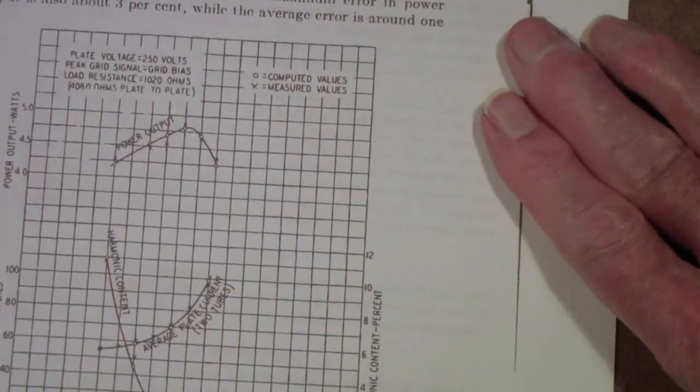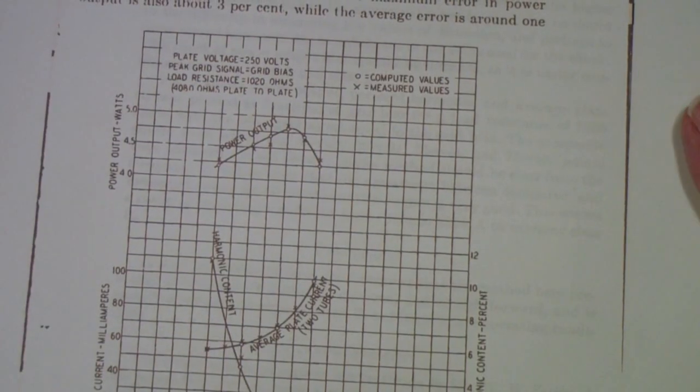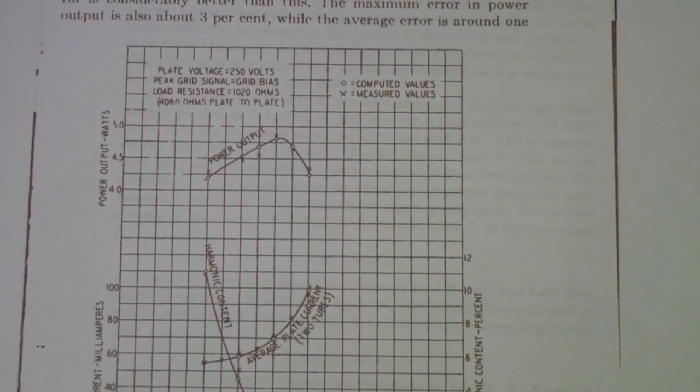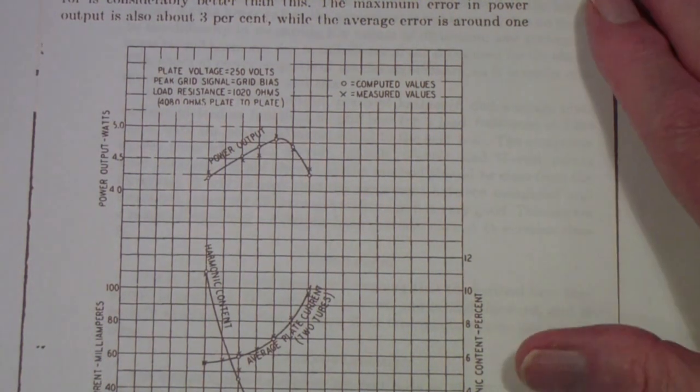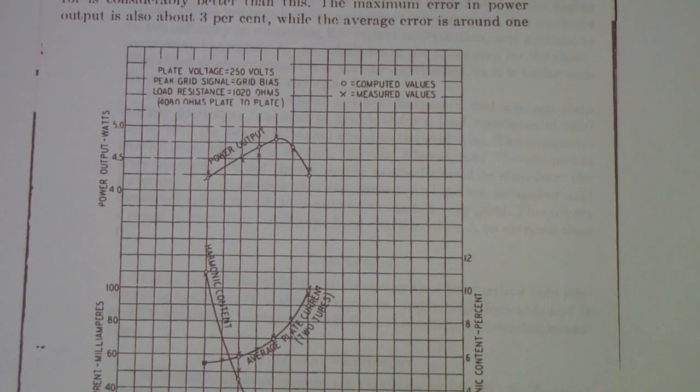And his conclusions are summarized in this chart, which we just looked at, showing the comparison between computed and measured values of power output. Now, in this particular case, he uses a Type 45 tube. Now you see why I started with a Type 45 in the early part of this video.